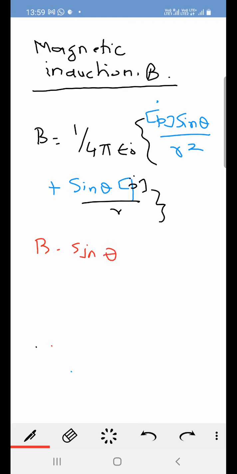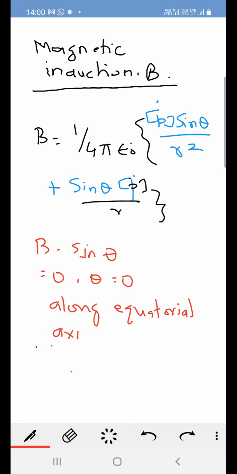So the value of B will be equal to 0 for theta equal to 0, which is along the polar axis. It is exactly 0 along the polar axis, and has its highest value along the equatorial axis.